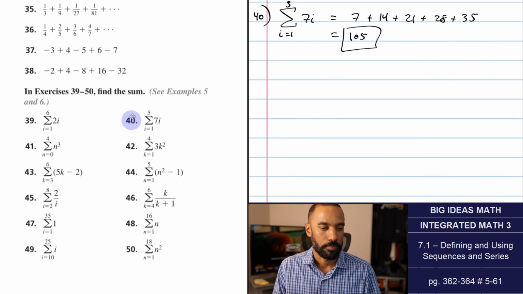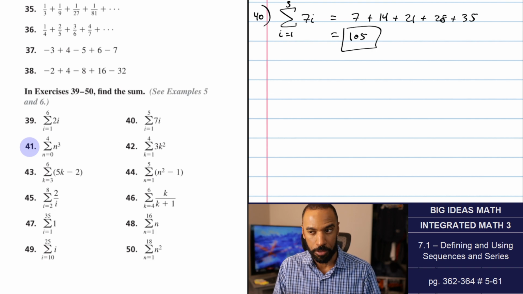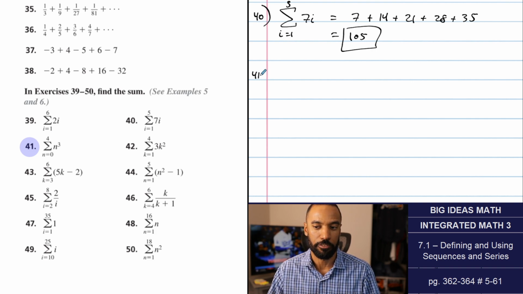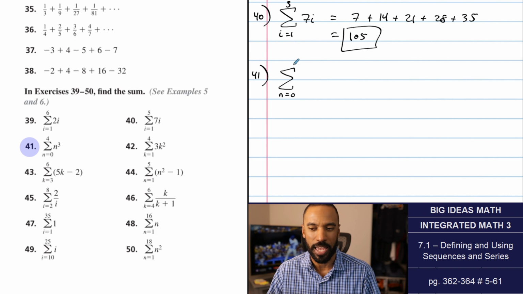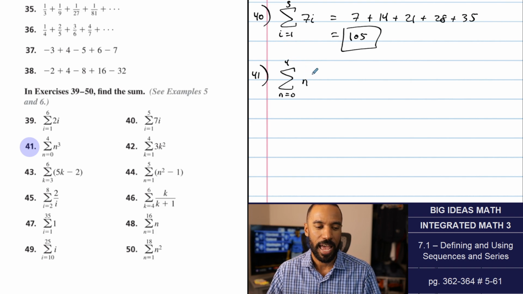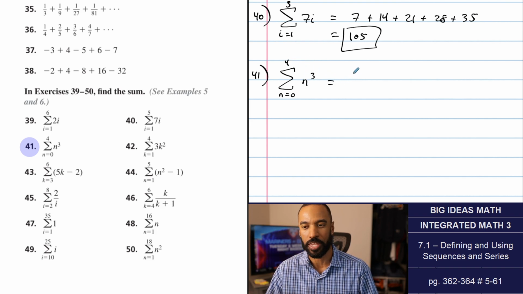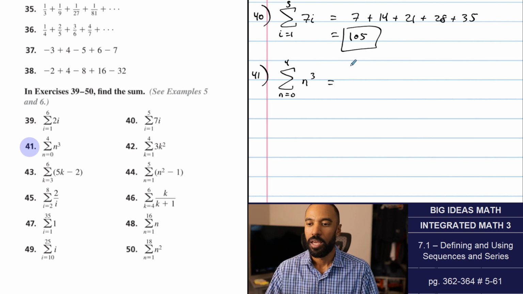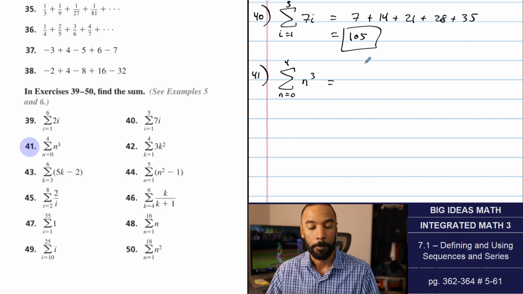Number 41. Now, this is not arithmetic, so this would have a completely different formula in and of itself. Here, we would directly just add. Now, we're substituting 0 first to begin with, and they actually used n this time. But keep in mind, they didn't have an original equation where they wrote out the things, so they're allowed to use n. I would use something different from the variable I established in the problem in these ones.